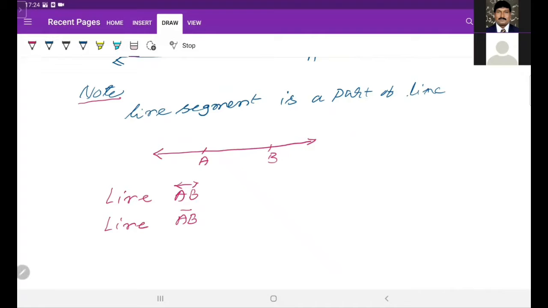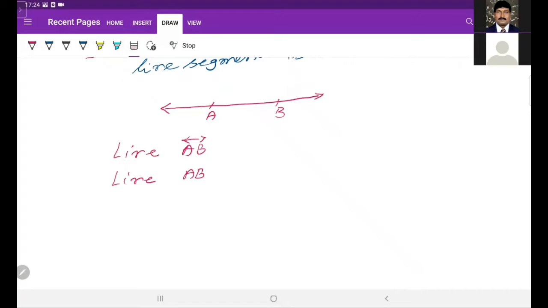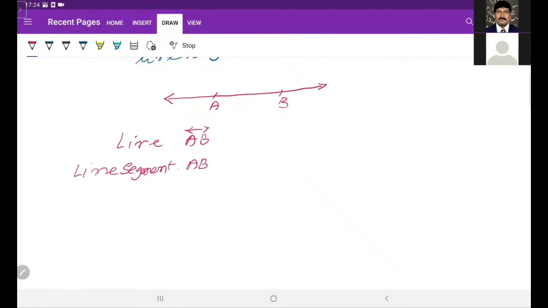It is a line segment. Here it is observed, AB is a part of a line. Line segment is a part of a line.